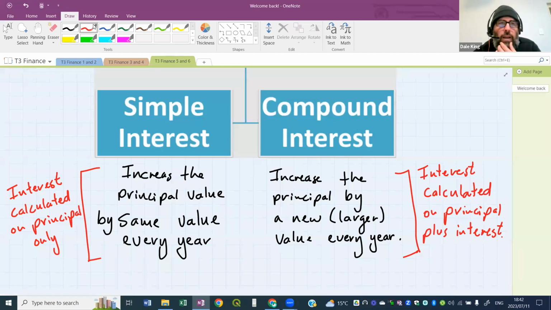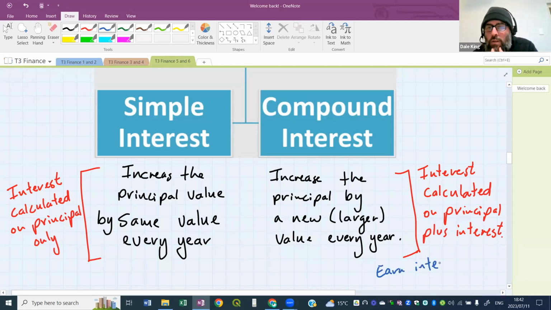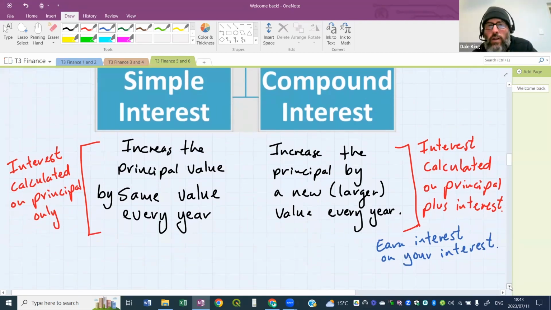To put it in a nutshell, compound interest is you earn interest on your interest. We're going to see this working now when we do the calculations. You earn interest on your interest. This will make sense once you do the calculations, but that's a basic idea.